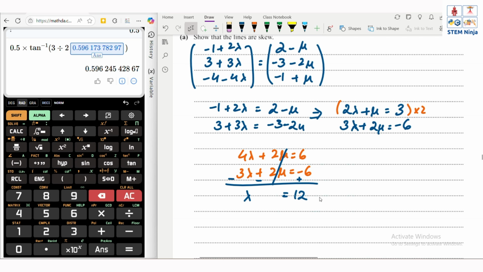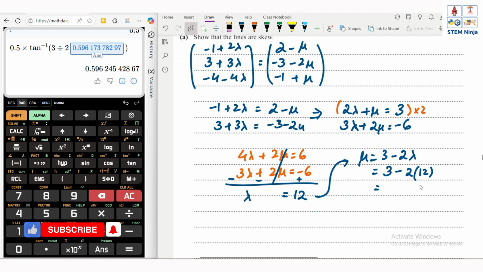And if lambda is equal to 12, then mu would be 3 minus 2 lambda. So 3 minus 2 times 12. This becomes 3 minus 24, so minus 21. So we plug these two values into the third equation and see if they satisfy it or not.